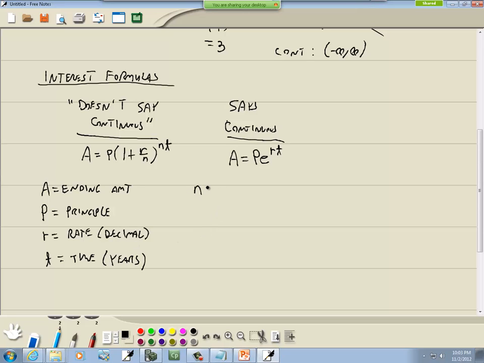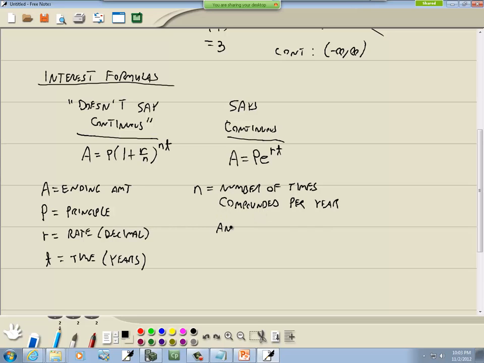N is the number of times compounded per year. Now, compounded is a fancy word for calculated. So they calculate the interest, and then they take that interest and put it back into the account. So it keeps accumulating, keeps compounding.